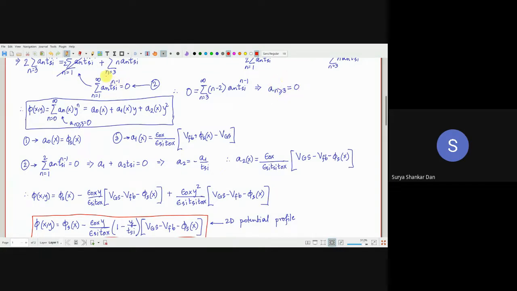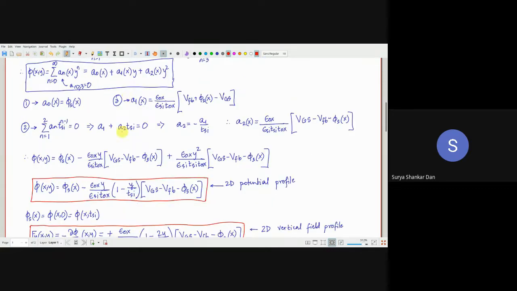If I expand this, n equal to 1 gives a1 tsi to the power 1 minus 1, which is tsi to the power 0, so a1. N equal to 2 gives a2 tsi. N equal to 3 gives a3 tsi square, but a3 is 0, and all the higher terms are 0. So you are left with only this relation. From there we get a2 equal to minus a1 by tsi. This is your expression for a2.